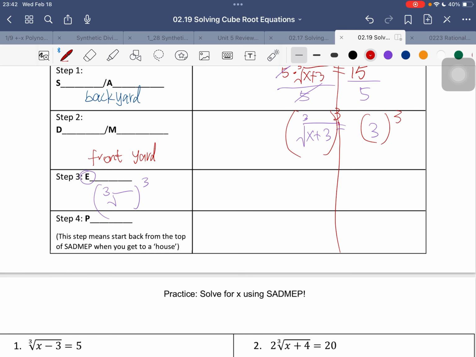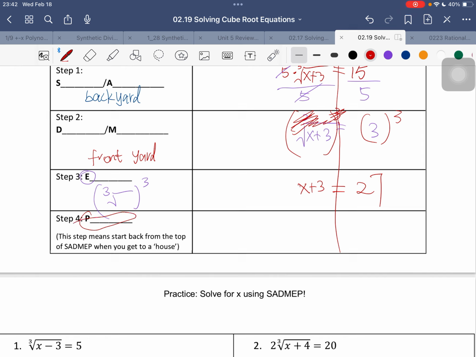So the cube root and the cube on the 3 get canceled out. 3 cubed, you can use your calculator or the perfect cube cheat sheet on the wall. 3 cubed is 27. The cube root and cube cancel out, so I only need to write what's inside the cube root on the left side, x plus 3.